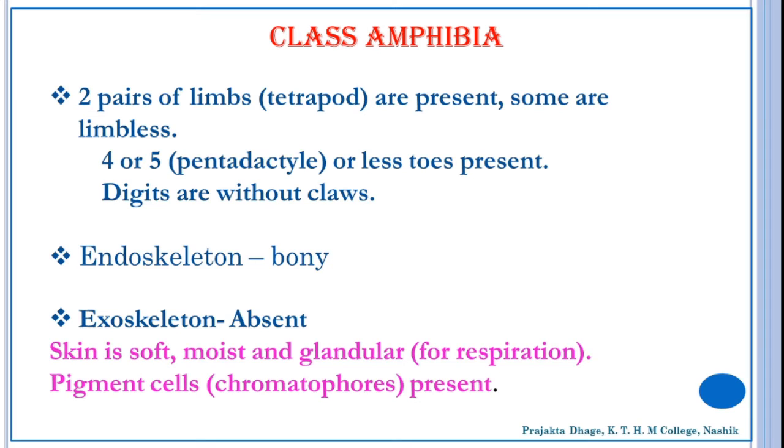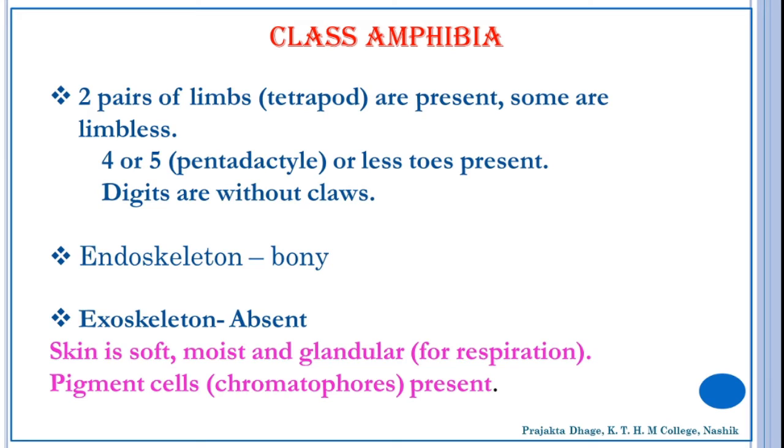When they are present, with 4 or 5 toes, say 5 toes are present, they are called pentadactyl. So there are 4 or 5 or maybe fewer toes. The digits are without claws, so there is absence of claws in these organisms.